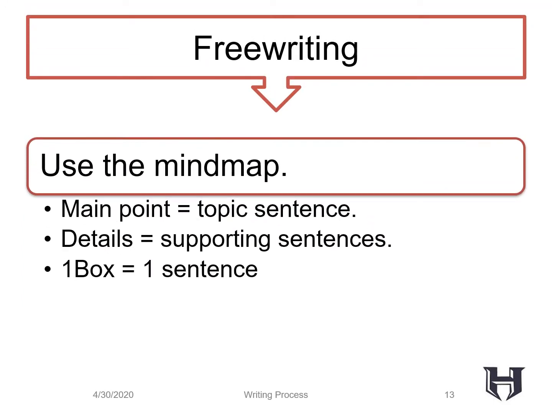In free writing, you want to use the mind map and then take each main point and turn it into a paragraph. So you've got your topic sentence and then all of your supporting details. And if you're boxing them out, each box from your mind map becomes one sentence in your free writing.